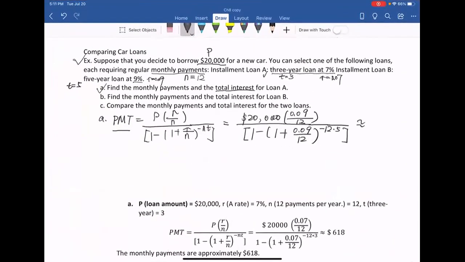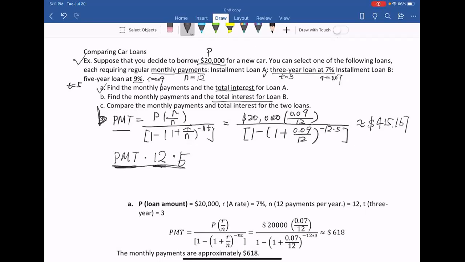415.67. For the interest part, we use PMT times, every month pay this amount and 12 months a year. And how many years do you need to pay? It's 5 years.